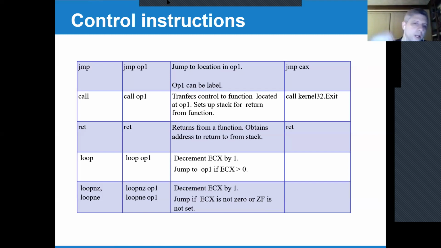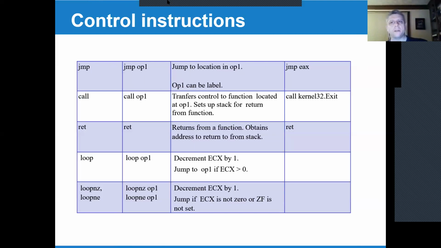This is a very quick way for the CPU to create a very simple loop where ECX contains some type of iterator or control value. And then loop NZ and loop NE work basically the same way, but it will loop when op1 is not 0 or the zero flag is not set. Essentially the same as the loop instruction.